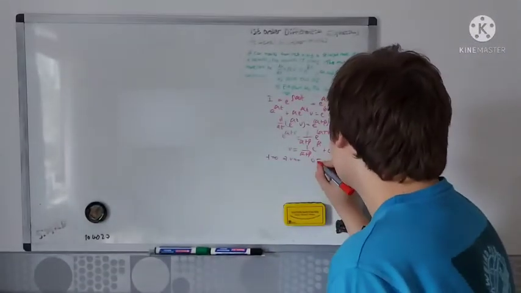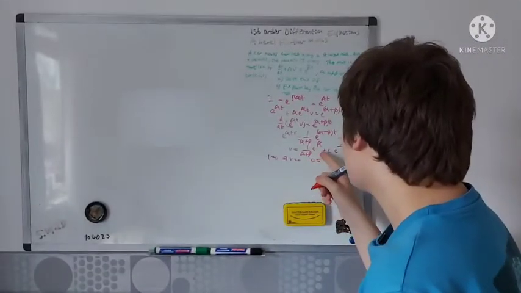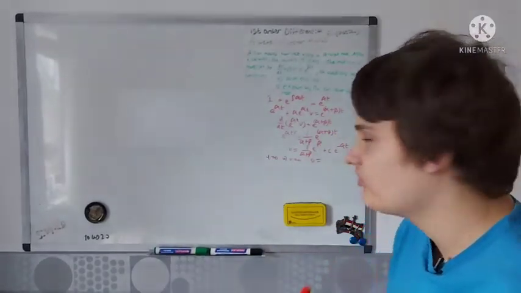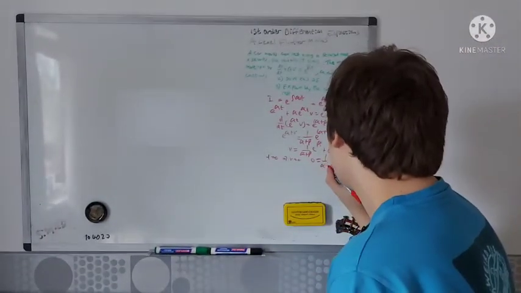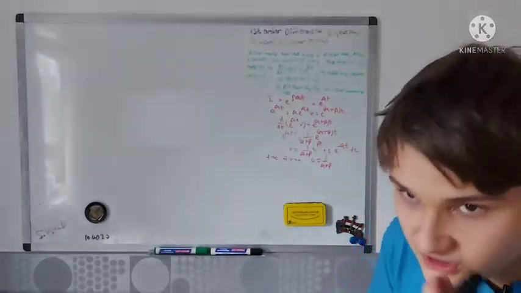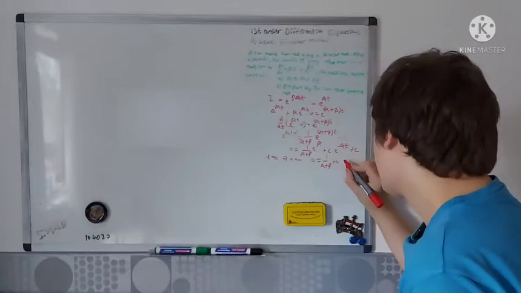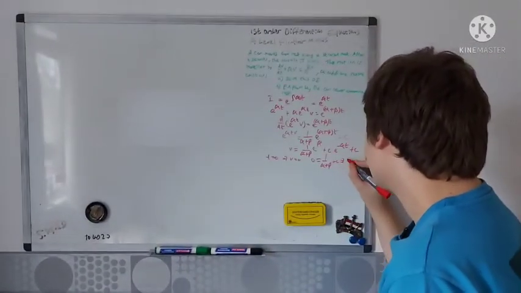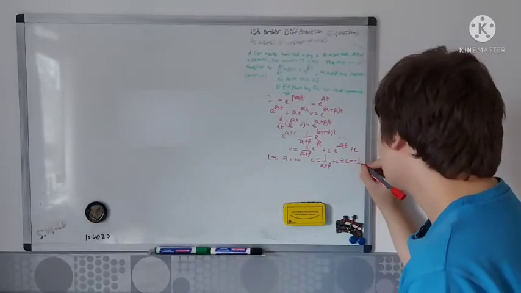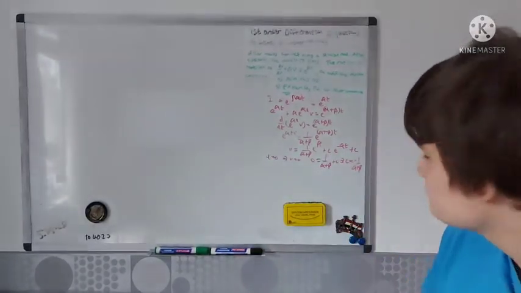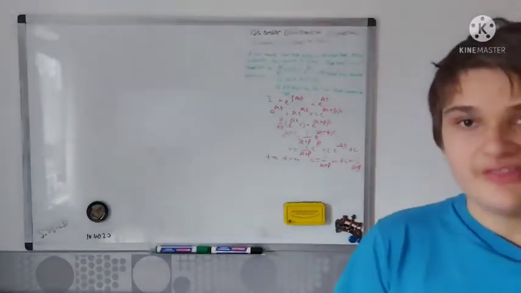So we get 0 equals 1 over (alpha plus beta) plus c, so we can essentially find c using this. So we get c is minus 1 over (alpha plus beta). Okay, so we've got that bit.